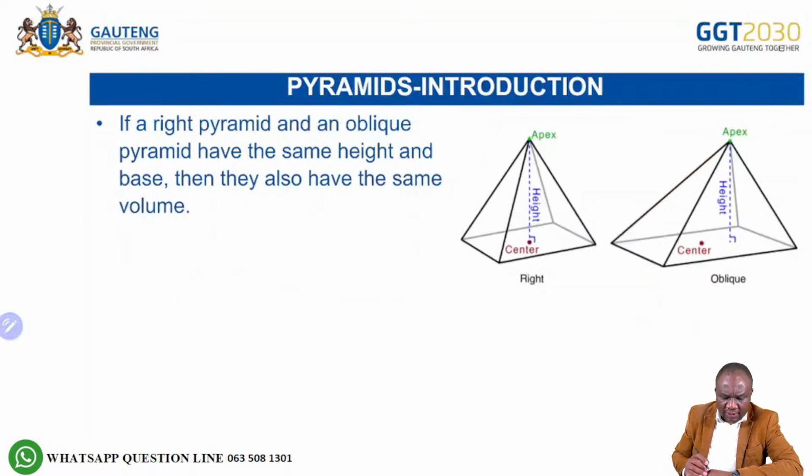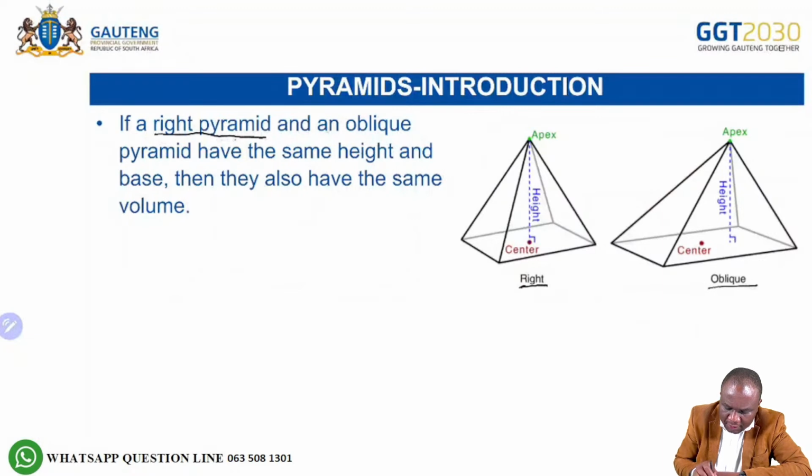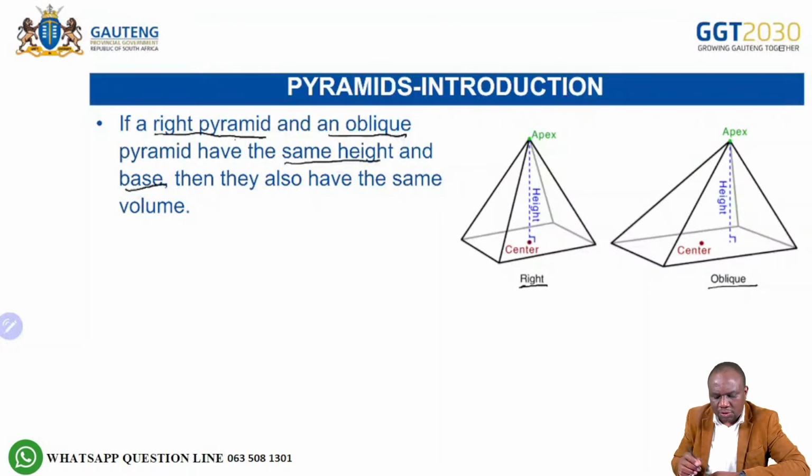Okay, right. Now, I just wanted to show you the difference between the right pyramid and the oblique pyramid. If a right pyramid and oblique pyramid have the same height and same base, then they also have the same volume. Do you see the difference between these two?